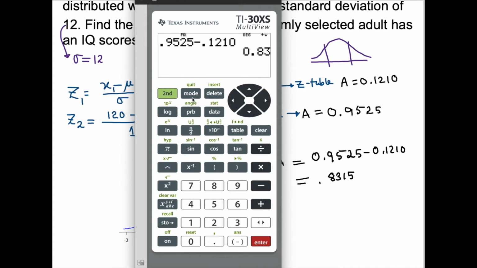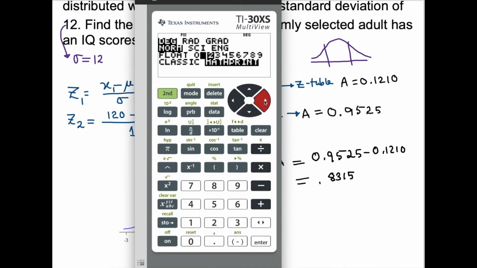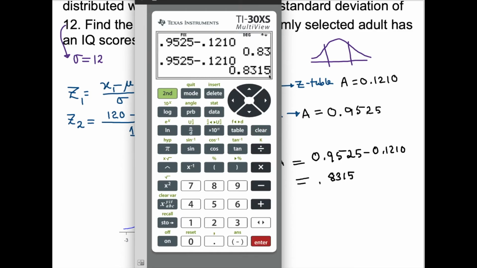We needed 4 decimal places, so make sure we go down here. We don't want to lose any data. This is 0.8315.